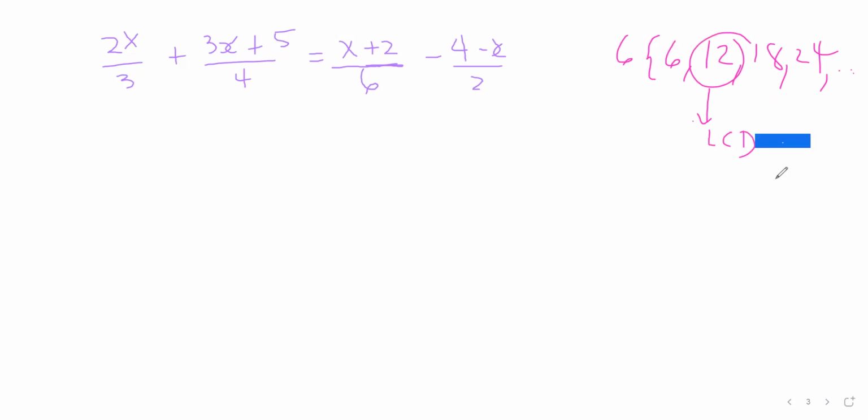So I'm going to multiply each term by the LCD, which is 12. Remember, there are 4 fractions in this, so each fraction should get the 12 multiplied to it. In other words, you could just put everything in parentheses and then multiply by 12.